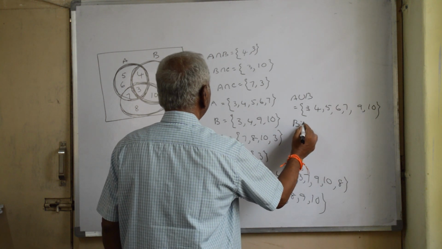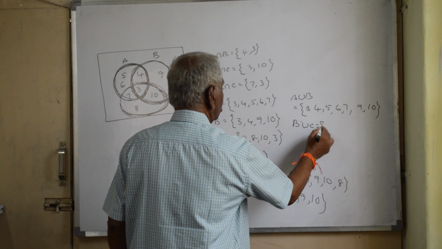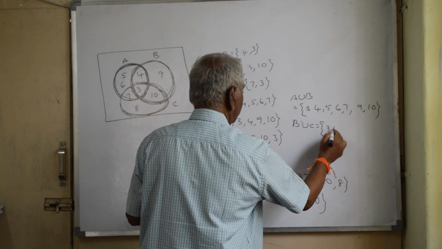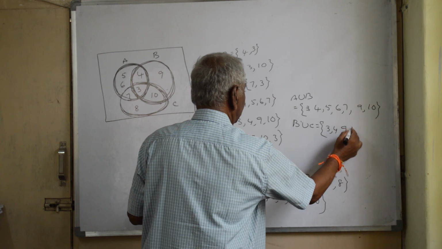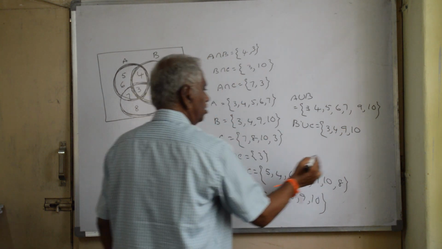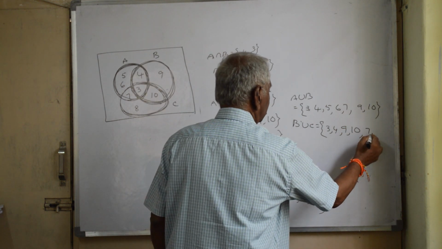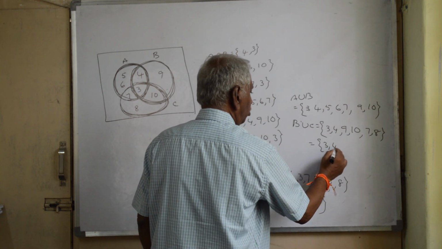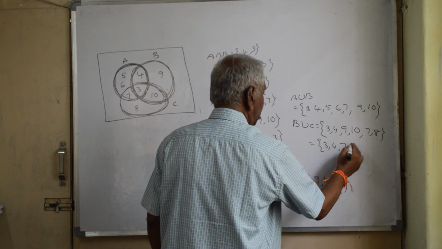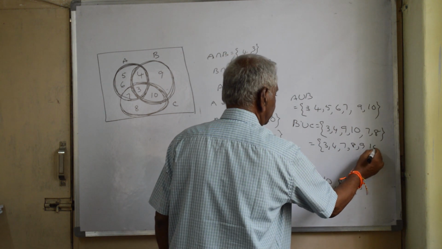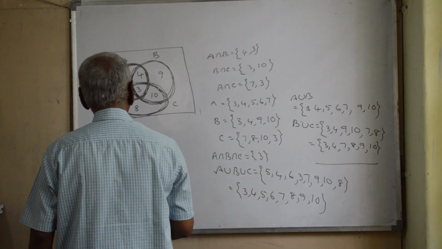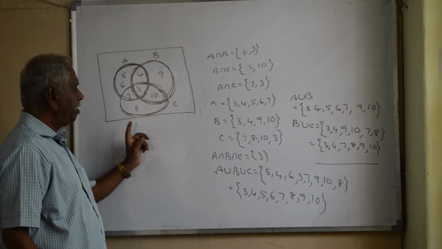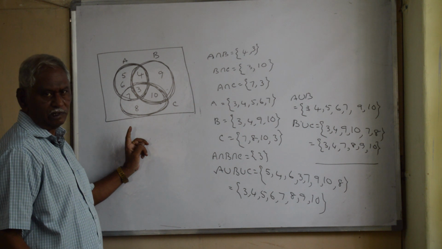B union C. What is B union C? 3, 4, 9, 10, 7, 8. Or we may say 3, 4, 7, 8, 9, 10. So this is the way we can write the sets by using Venn diagrams.